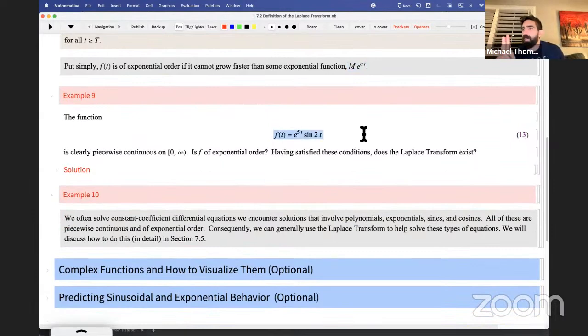All right, so let's talk about both piecewise continuity and exponential order. Yeah, this is definitely piecewise continuous. It's continuous. All right, now is it of exponential order? In other words, is it capped? So what does your gut tell you about this thing? Do you think it's capped?